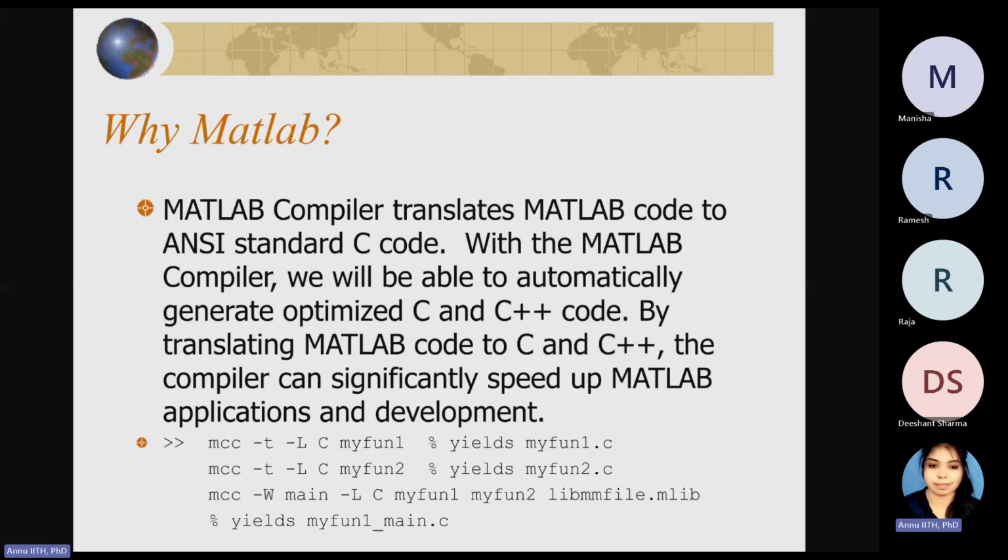So with the MATLAB compiler, MCC -t -L C myfunction will yield myfunction.c, where MCC -c -L C myfunction yields myfunction.c. Okay, that is very correct. That is very good.